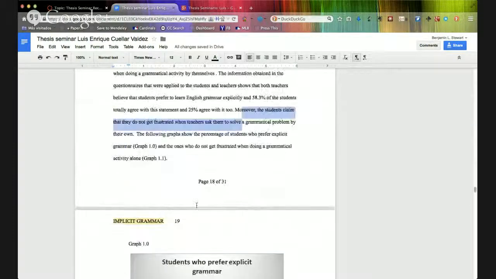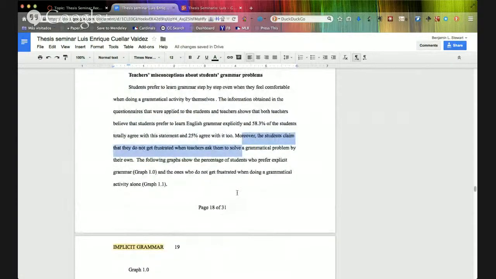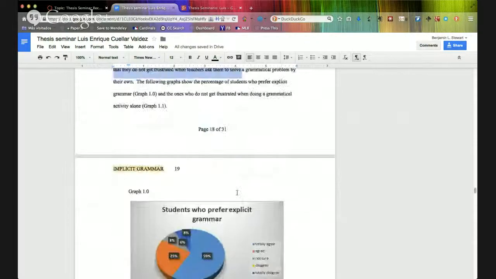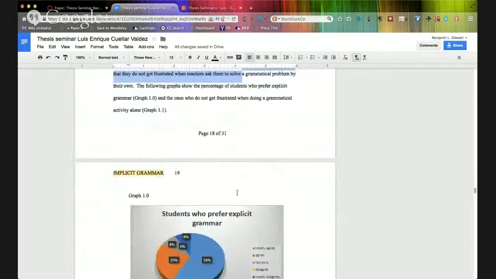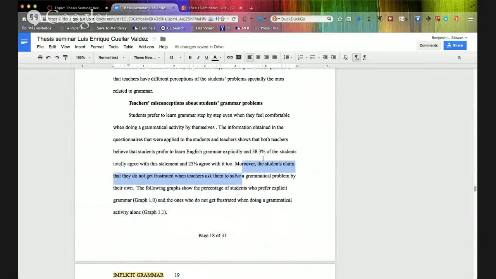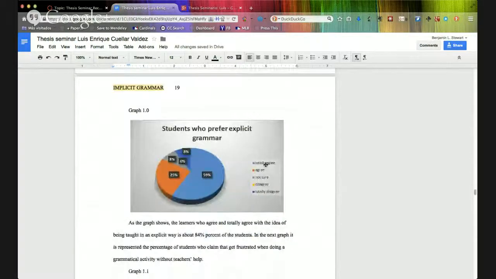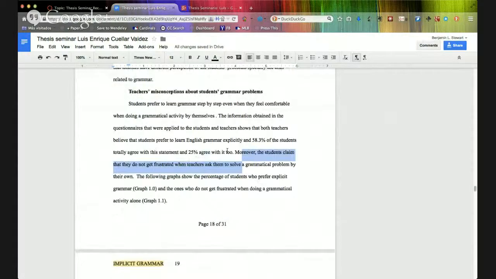I don't know if that is the same. Totally agree. Es que la gráfica Students prefer. Okay, so here, add these two together. Because here you're not differentiating between totally agree and agree. I totally agree. In this statement, okay, yeah.